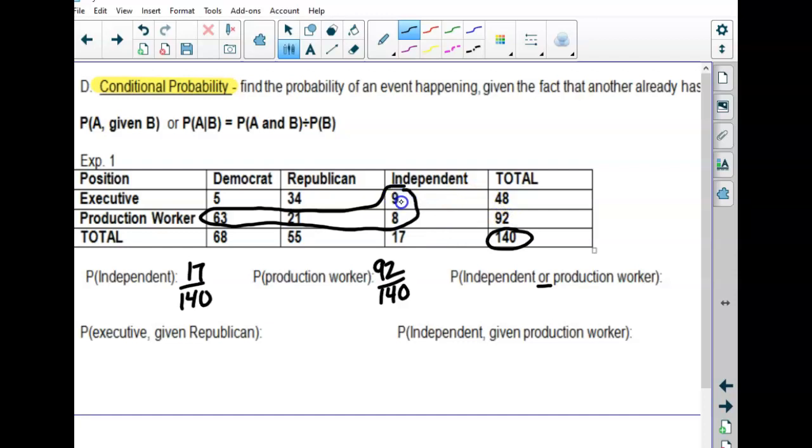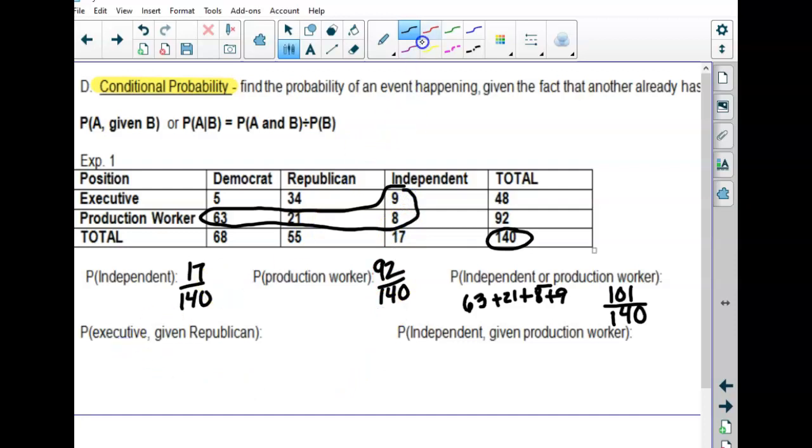Does that seem right? But you could definitely add up all three, 63, 21, 8, and 9. And is it 101? 101 out of 140? Again, because there's more production workers than there are independent, I would have just said 92 plus these additional 9 independent people. Okay.